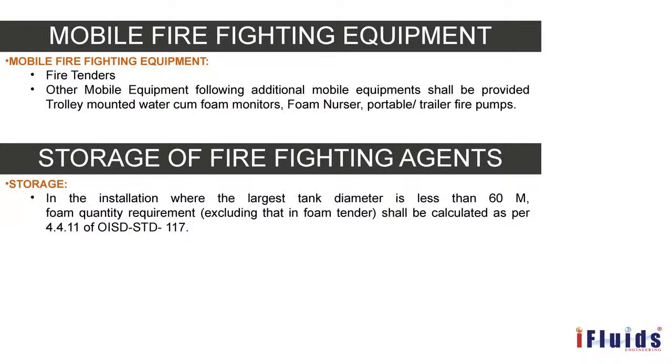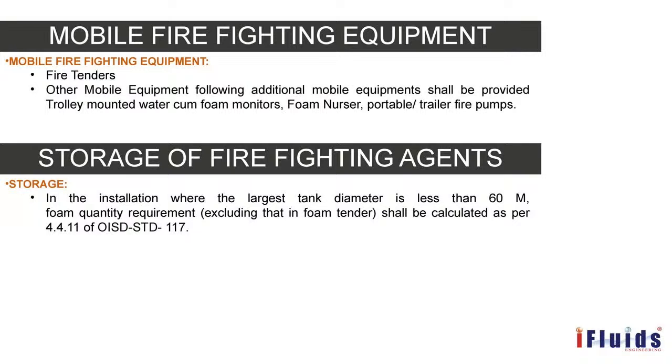The major significant point with respect to the largest tank diameter is this: if you have a largest tank diameter less than 60 meter, then the foam quantity requirement should be provided for a distance less than 60 meter, and it has to be calculated in line with OASD standard 117.